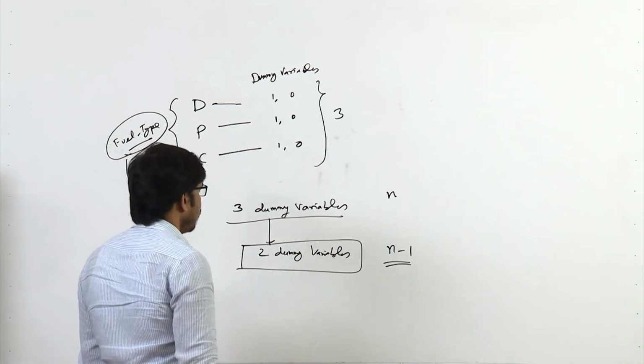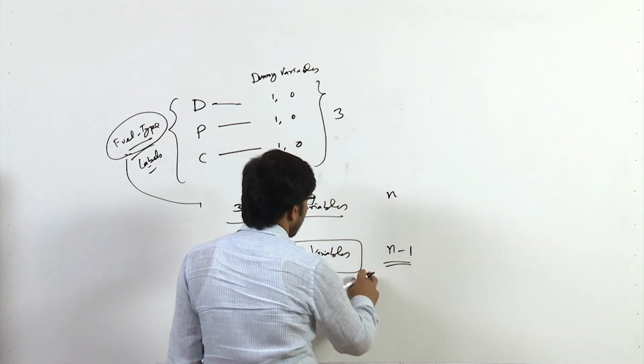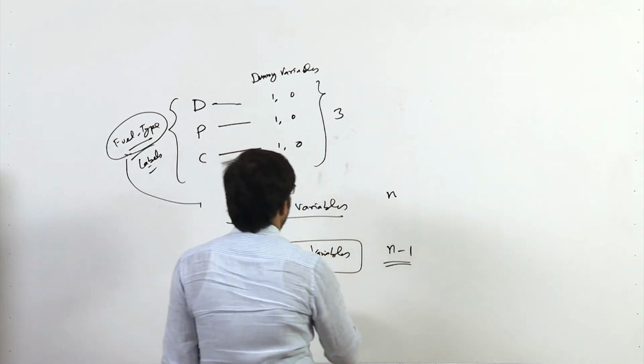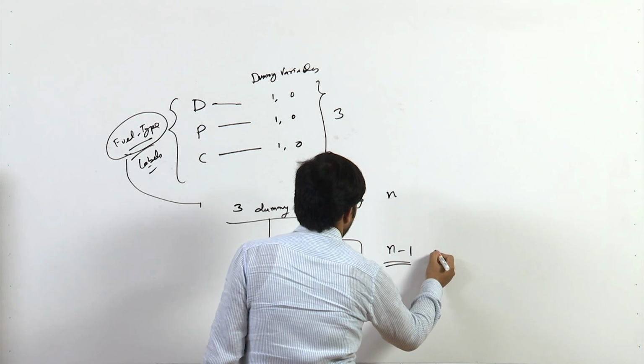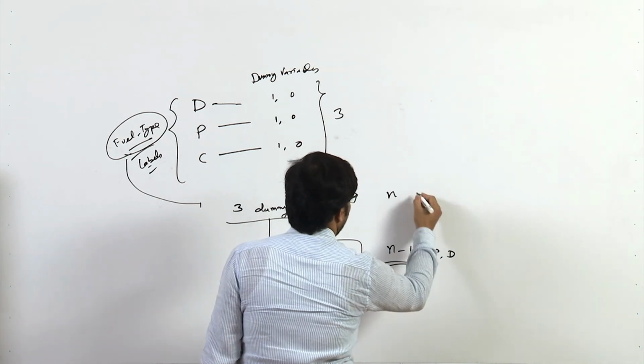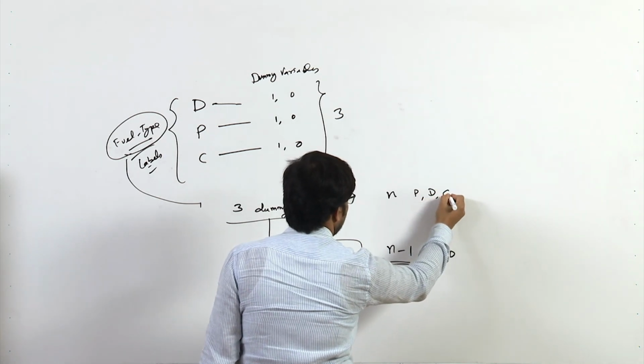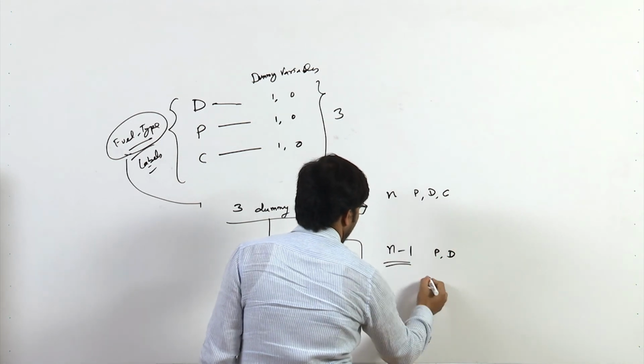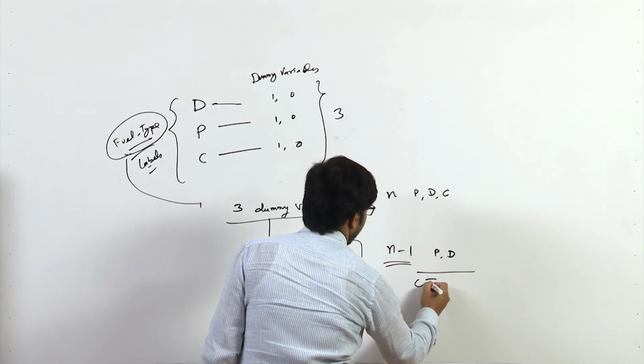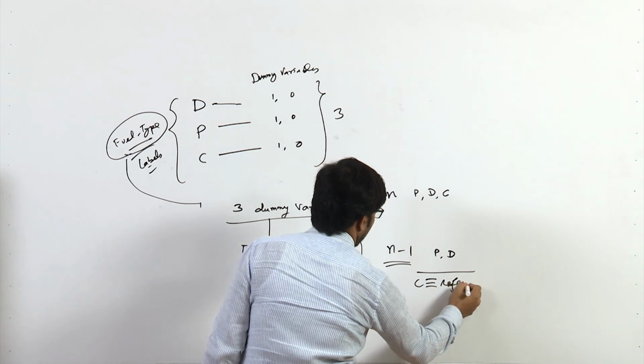Now what happens to the remaining label? For example, petrol and diesel are selected here, and we had petrol, diesel and CNG. The remaining label becomes the reference category that we have been talking about.